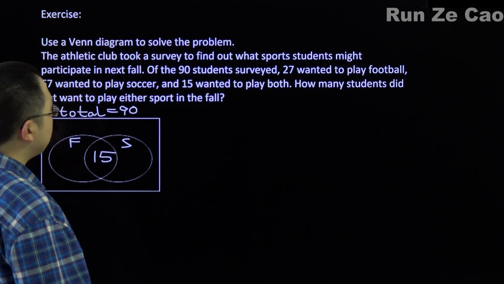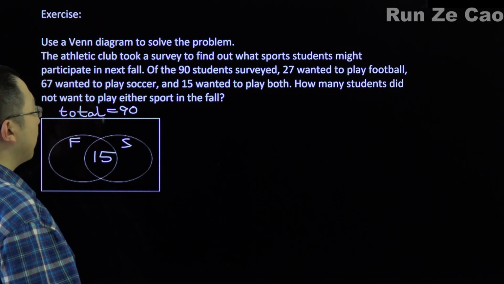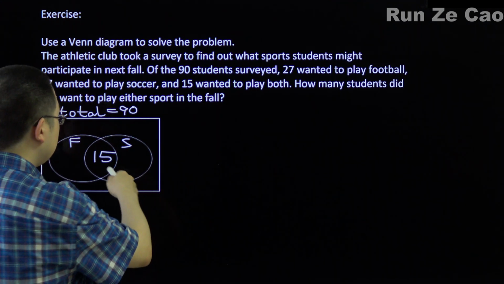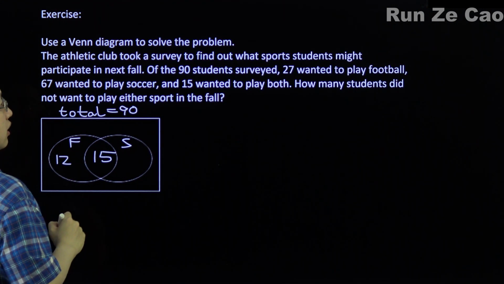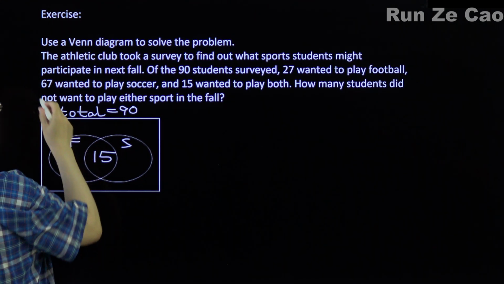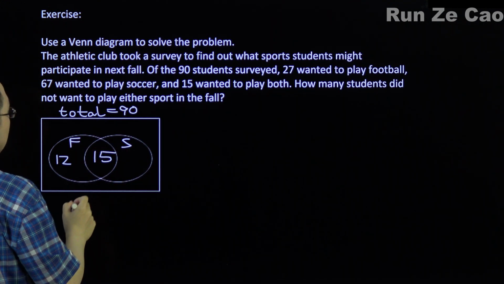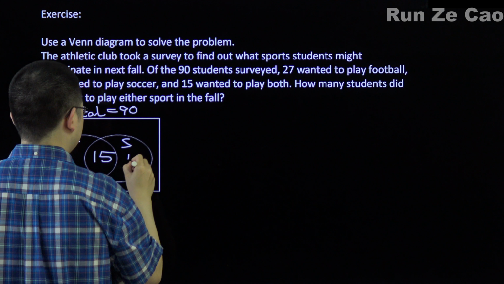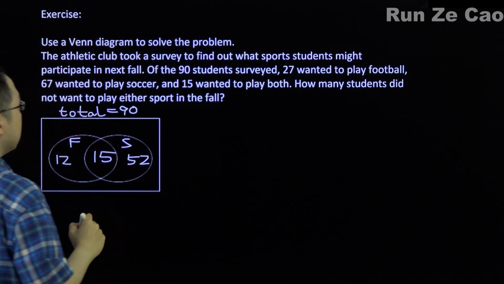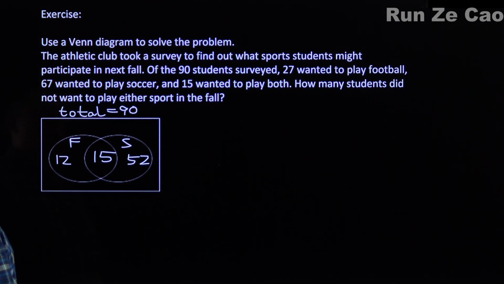Okay then, besides these 15, how many people wanted to play football? Well, 27 in total minus 15 gives us 12 people who wanted to play football. And 67 people wanted to play soccer minus 15 would give us 52 people who wanted to play soccer.